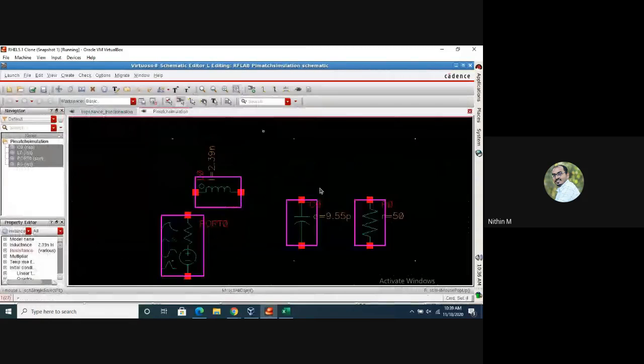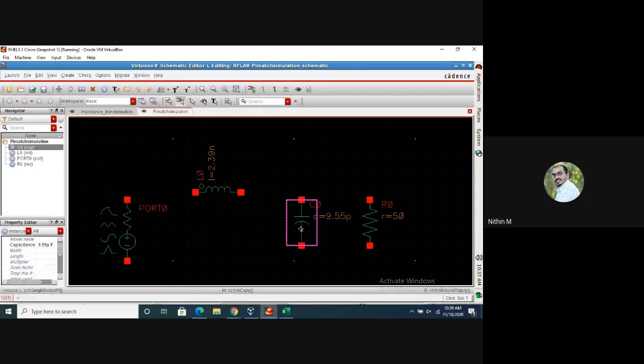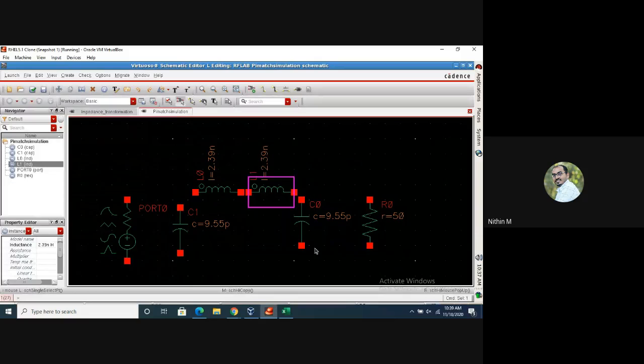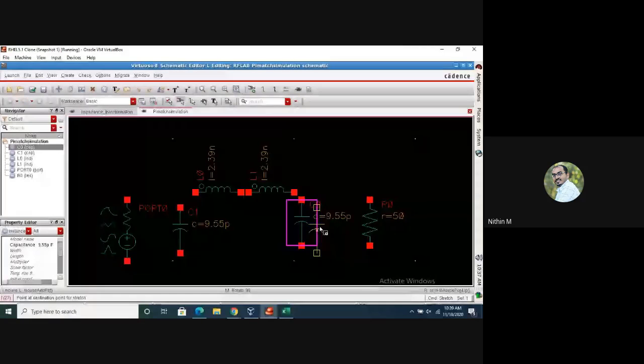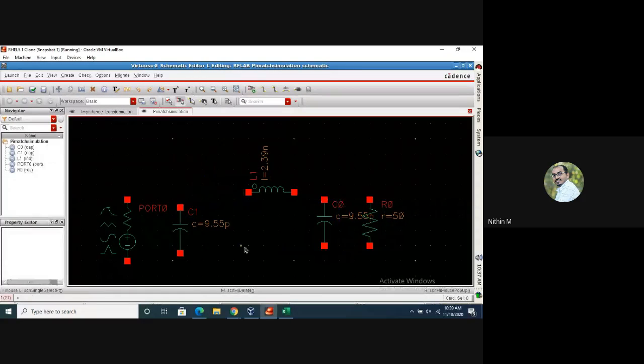All right, so the same 50 ohms here. Now I need one more capacitance on this side and one more inductance here. You can even have a single inductance. There is no need to explicitly mention two inductors. Even with a single inductance, it should work. Let me keep only one inductance here.